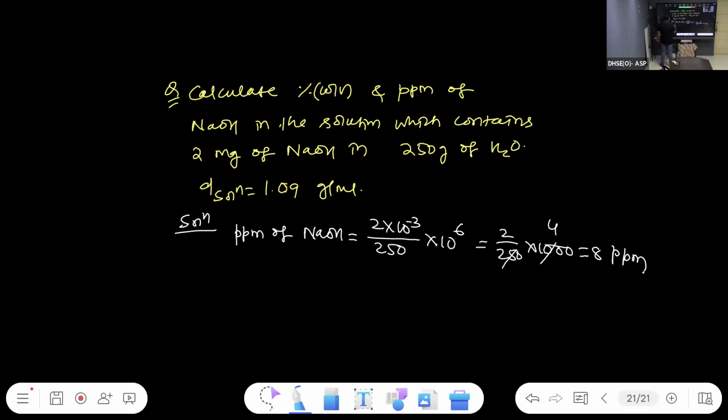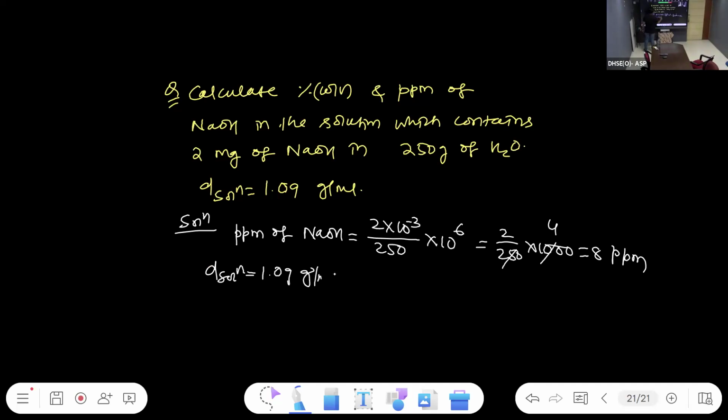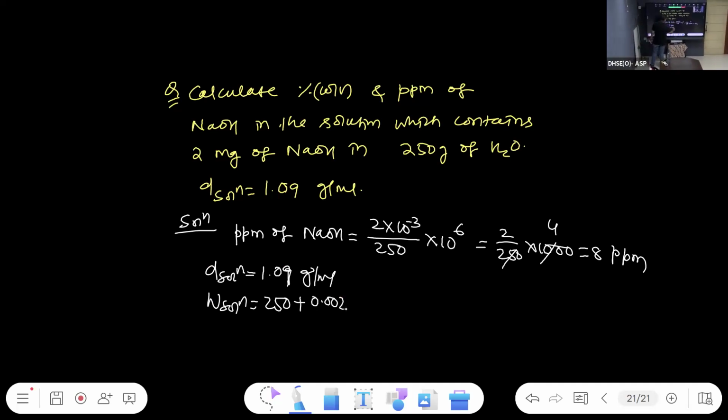Since the density of the solution is 1.09 gram per milliliter, the mass of the solution is 250 plus 0.002, that is 250.002 gram.